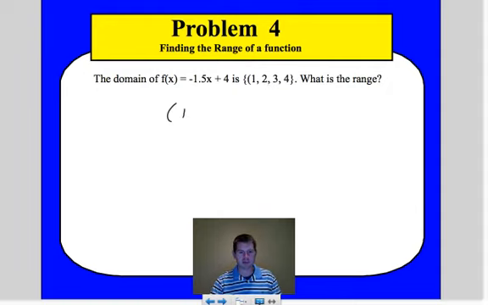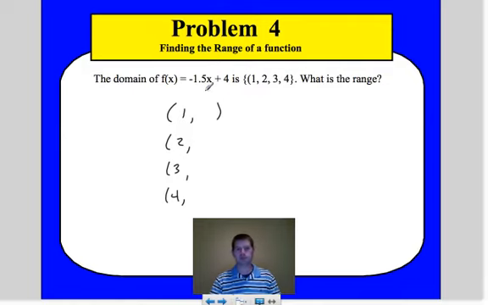So really we could say we have a coordinate 1, something, coordinate 2, something, coordinate 3, something, and a coordinate 4, something. All we have to do is take these numbers, plug them in for x, and solve for our y coordinate. So if I take negative 1.5 times 1, and then add 4, I'm going to get 2.5. If I take 2 times negative 1.5 plus 4, I get 1.